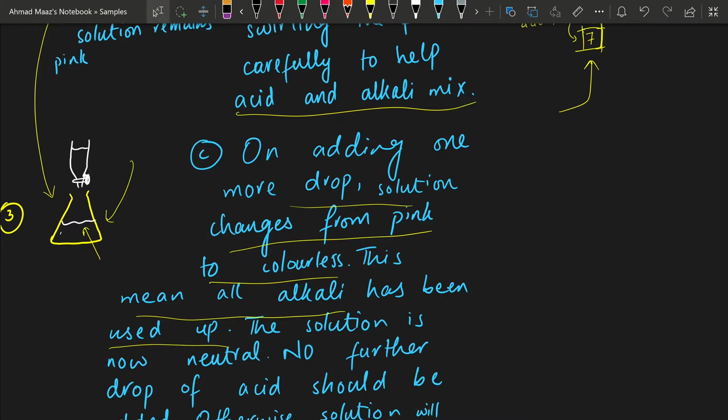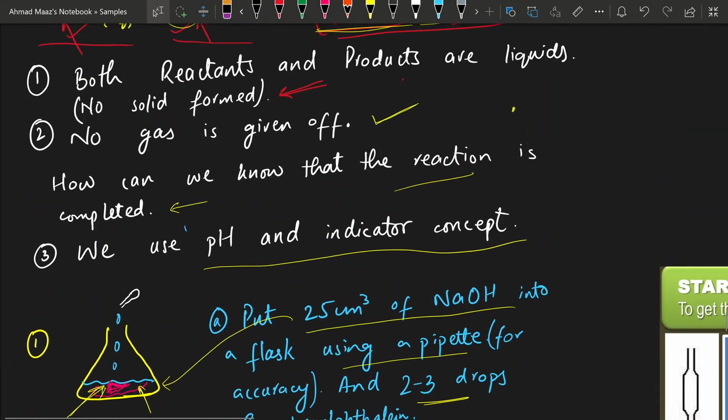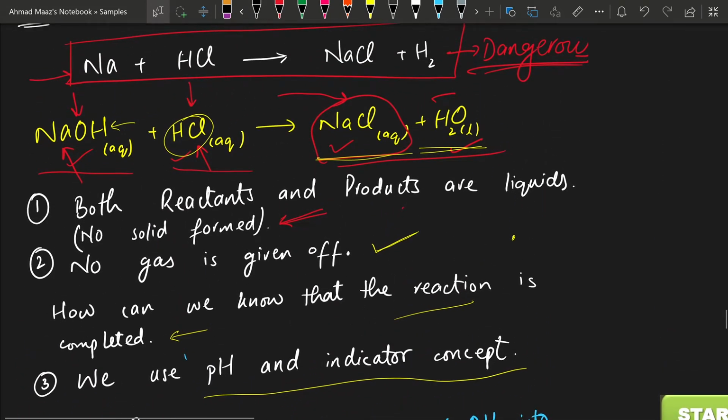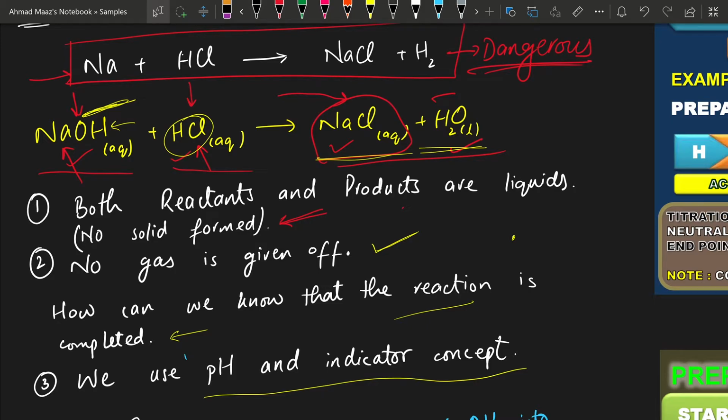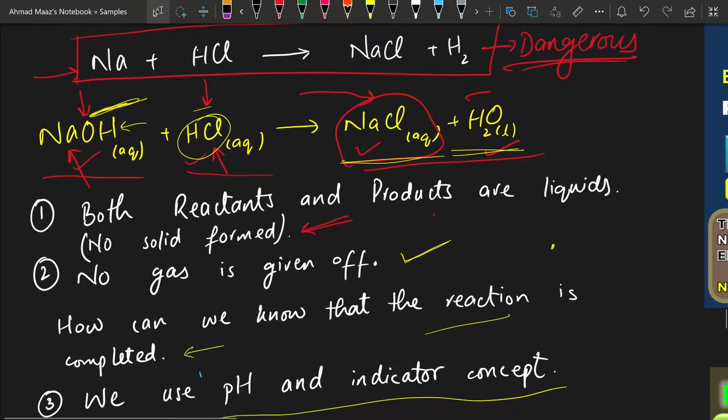Now, if you go back to the equation, we had alkali in the flask and we were adding acid from the top. So when phenolphthalein went from pink to colorless, this means that no more sodium hydroxide was left.